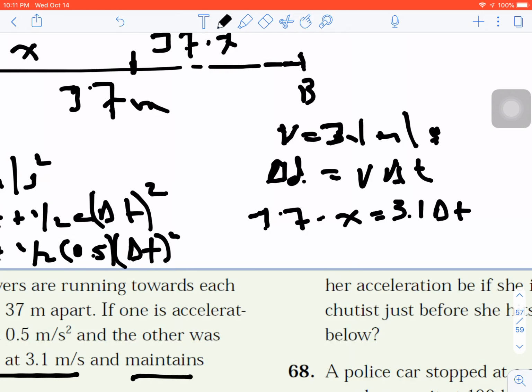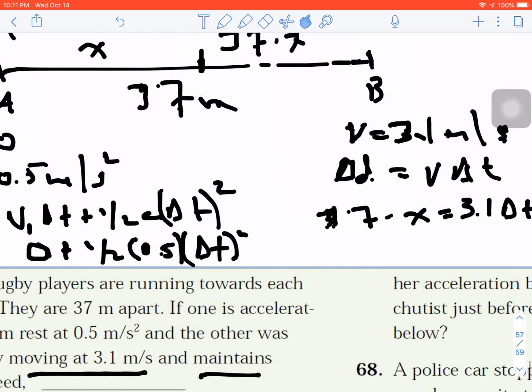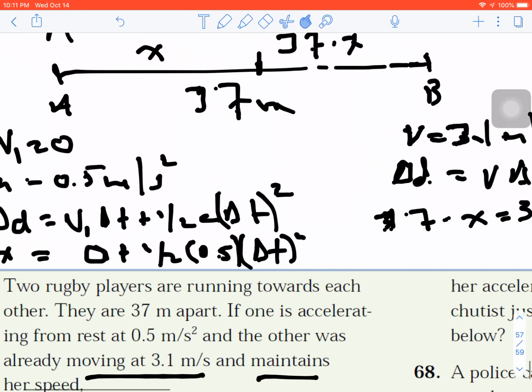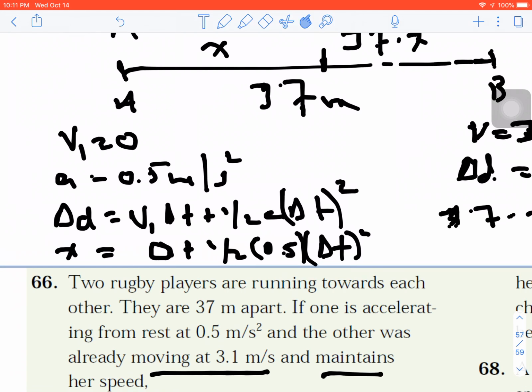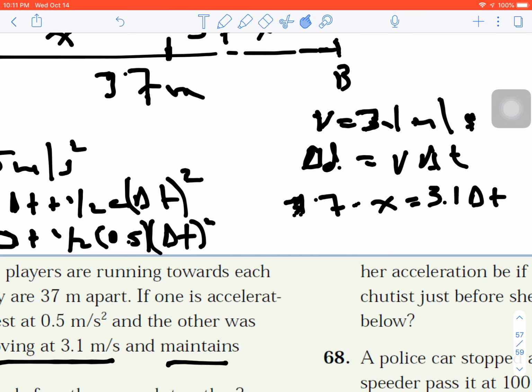So I have 37 minus x equals 3.1 delta t. Now, I know what x is, right? The x on the other side is equal to a half of a half, which is a quarter, times delta t squared. So I can take that and substitute it into here.